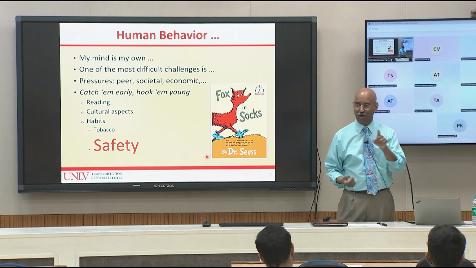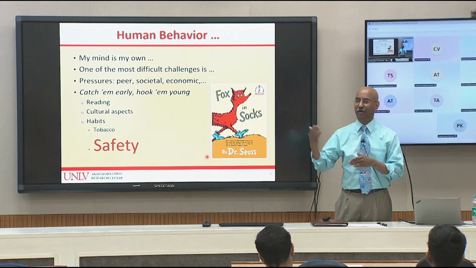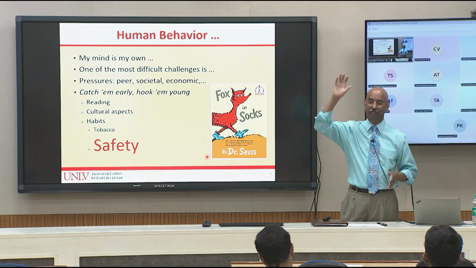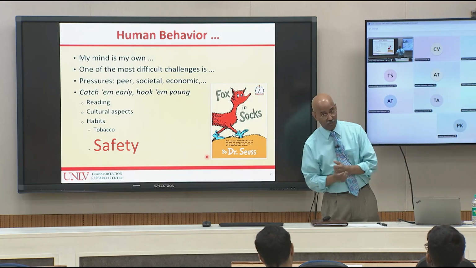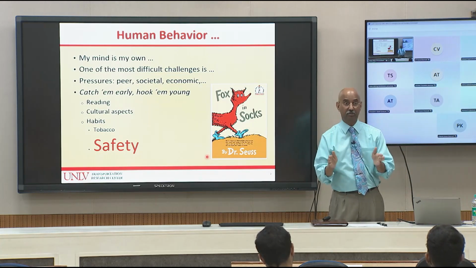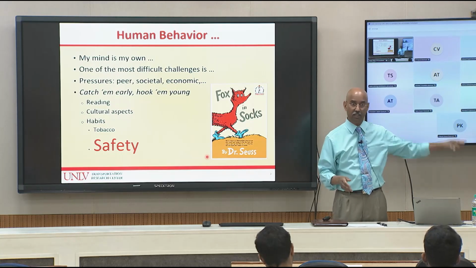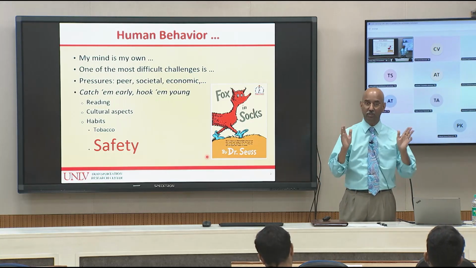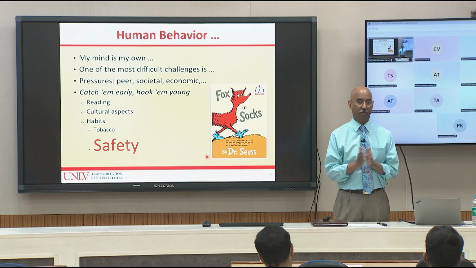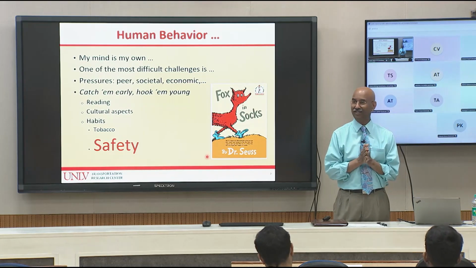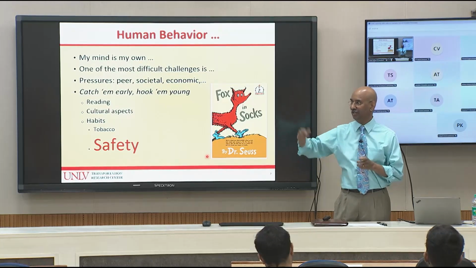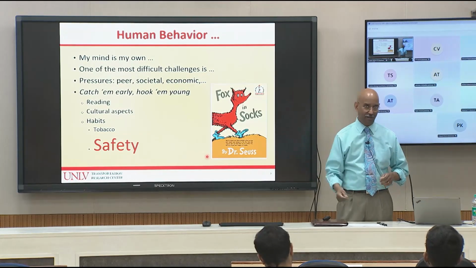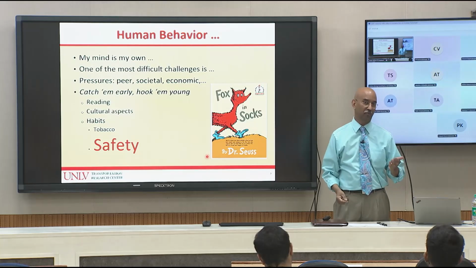So, do not compromise on safety, regardless of, oh, the chief engineer says, hey, we need to get this done in 2 days. No, if it is going to compromise safety, whether the worker's safety, the traveler's safety, whosoever, you should not compromise on that. So, do not look at safety as a priority, one of the variables or factors that you can rank up or down. It is a core value.